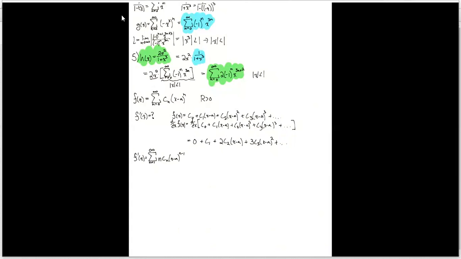Likewise, let's talk about integrals. What happens if we took an integral of this sum? So what is the integral of f of x dx? Well, back up here, we had our f of x, right? c0 plus c1 (x minus a), and so on.